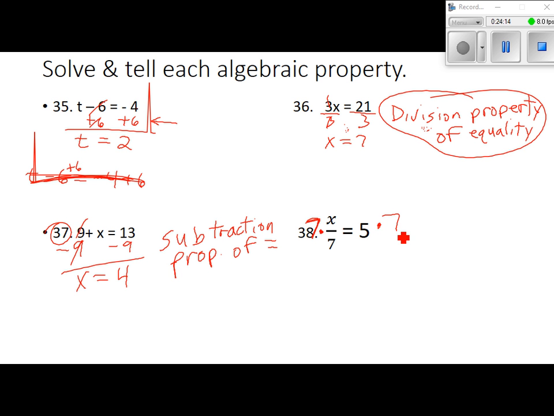Should that be harder than any of the rest of these? No, it's just nobody likes multiplication, nobody likes fractions. X equals 35. What did we use there? Multiplication property. And again, you can abbreviate multiplication property of equality, something like that.